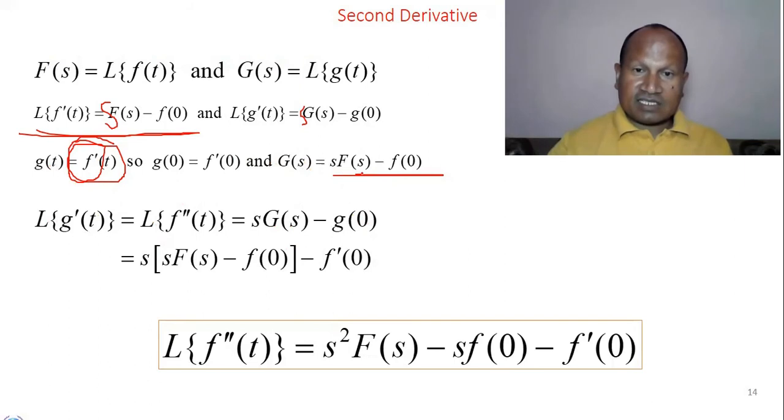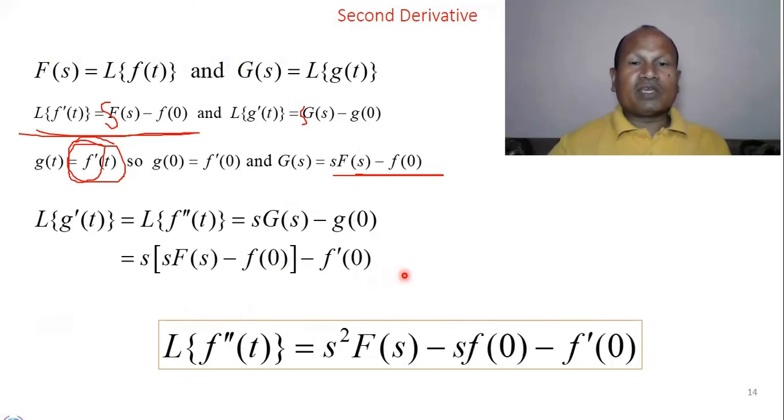What is G(s) here? sF(s) minus f(0). So if you substitute here, G(s) is sF(s) minus f(0), and g(0) is f dash 0. So when you substitute, we'll get s square F(s) minus s f(0) minus f dash 0. So this is the Laplace transform of the second derivative.